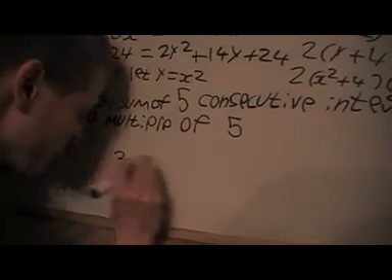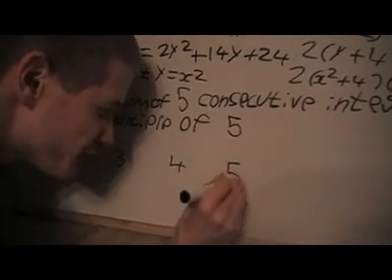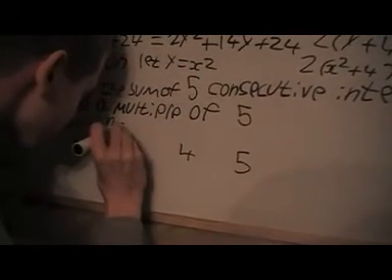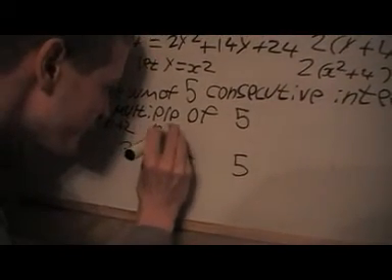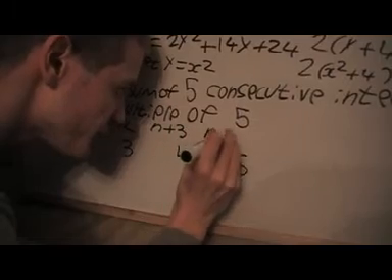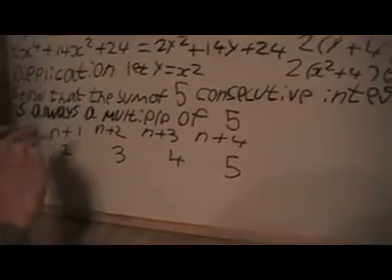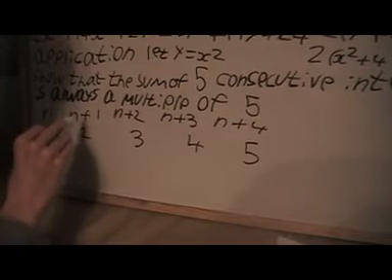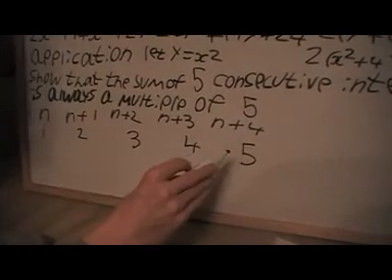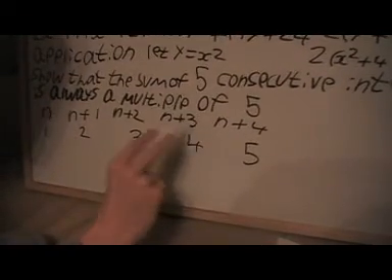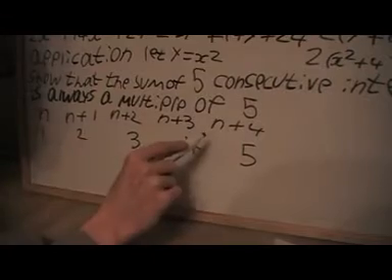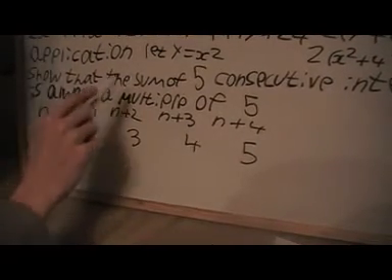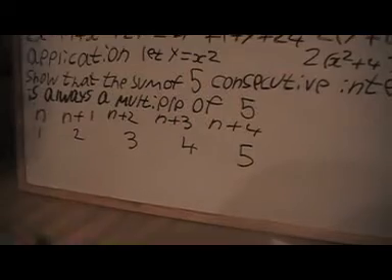So we've got 5 numbers here. Then the next ones after that would be n plus 2, n plus 3, and n plus 4. This is just going up by 1 each time, because they're consecutive integers, and n just represents that we could be starting from any number.